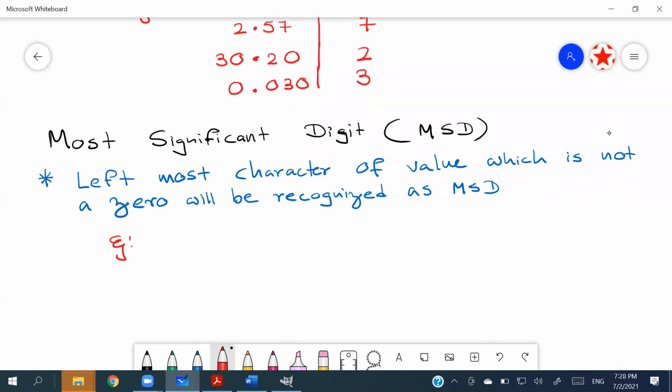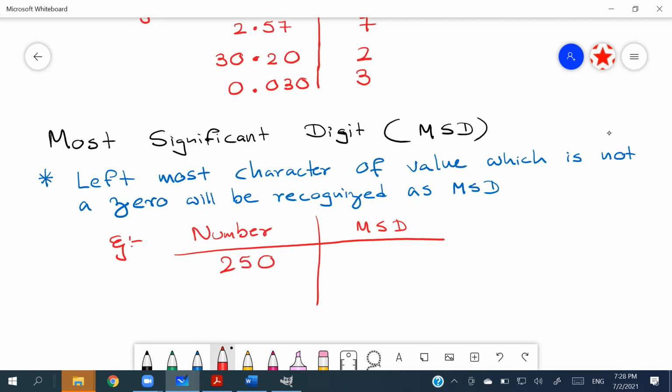So the examples, here you go. The number and the MSD, most significant digit. So if we take 250, the most significant digit will be 2. If we take 30.20, most significant digit is going to be 3.